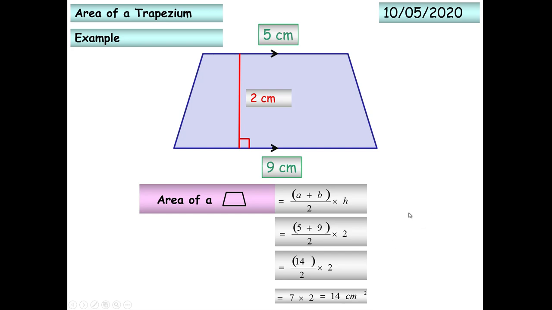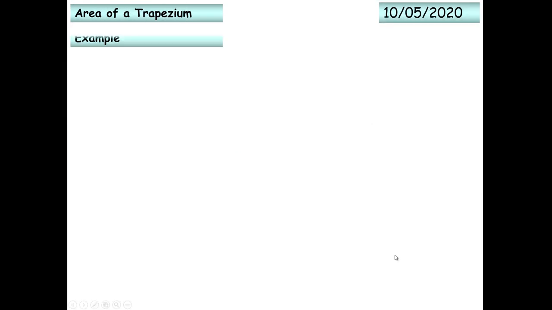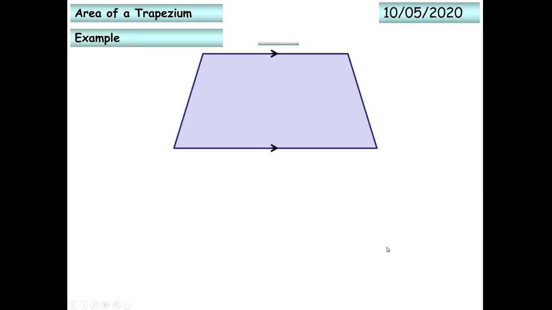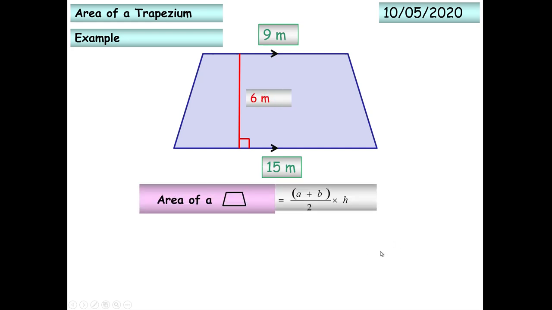One more example. And the trapezium given by A plus B over 2 times H, perpendicular height. In this case, A is 9, B is 15.